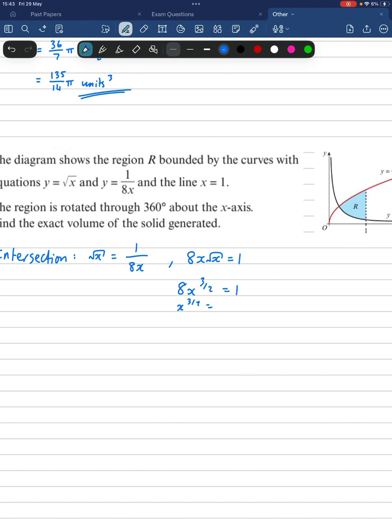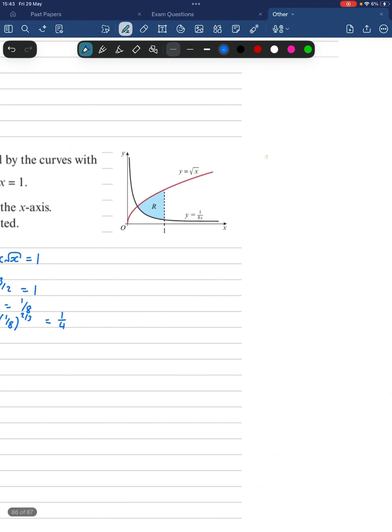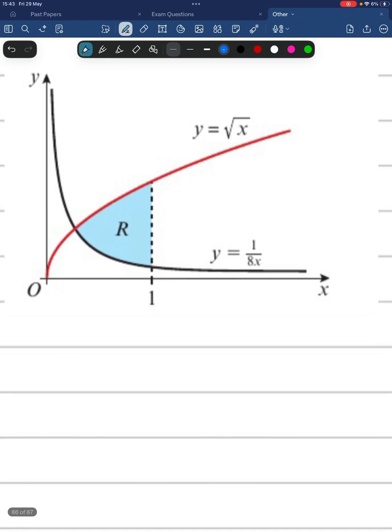So x to 3 over 2 equals an eighth. So x is going to be an eighth to 2 over 3, my bad, which is 1 over 4. So this intersection here is going to be x equals a quarter.